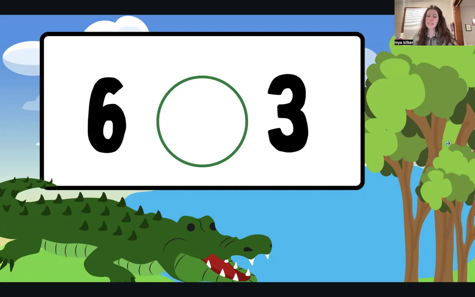So this one is 6 and 3. Again, we can draw a number line and go from like 2, 3, 4, 5, 6. And 6 is the bigger number because it's increasing on the number line.